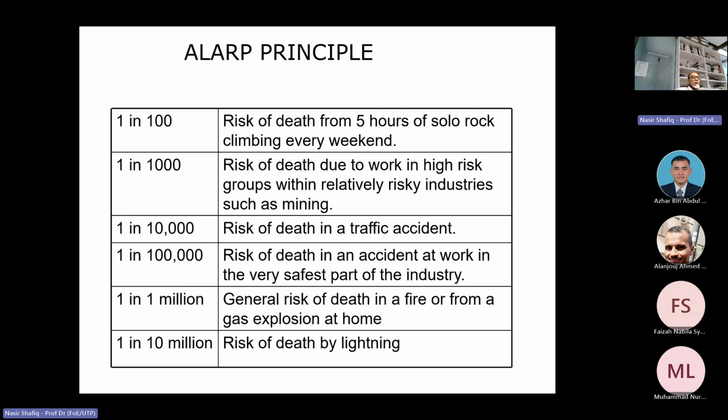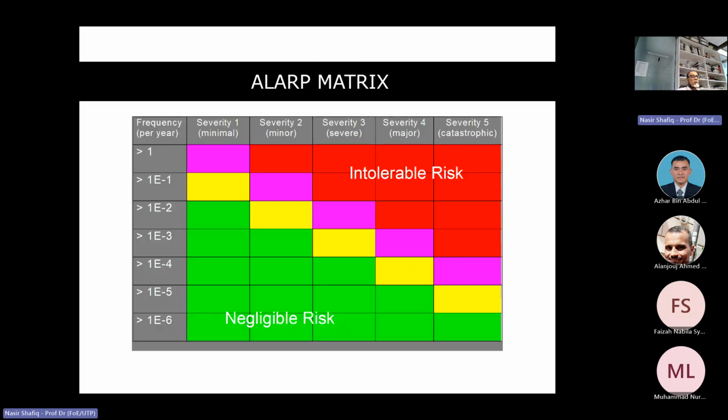The risk of death in a traffic accident is 1 in 100,000, and the risk of death in an accident at work in the very safest part of the industry. And 1 in 10 million risk of death by lightning. So you can quantify your risk and look at the likely chances of fatality due to the risk.